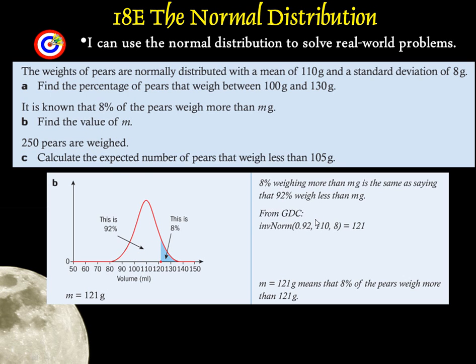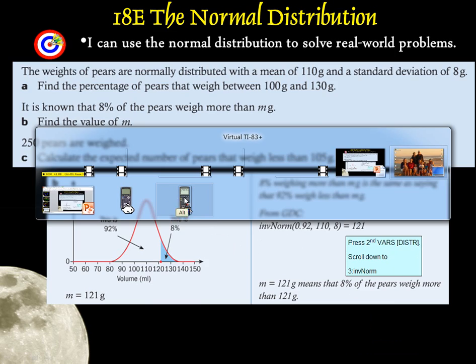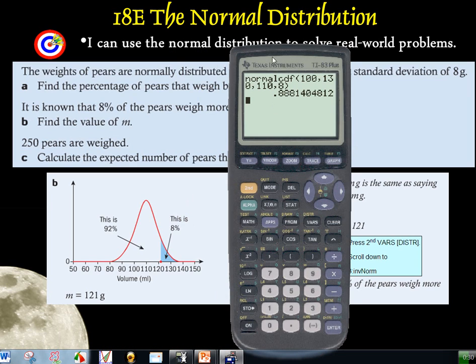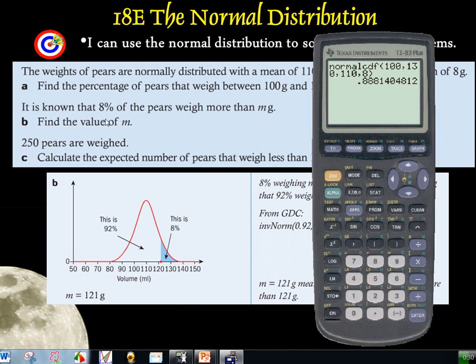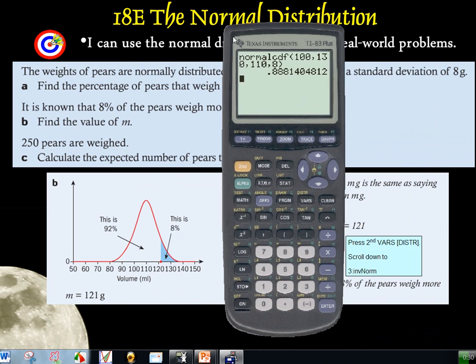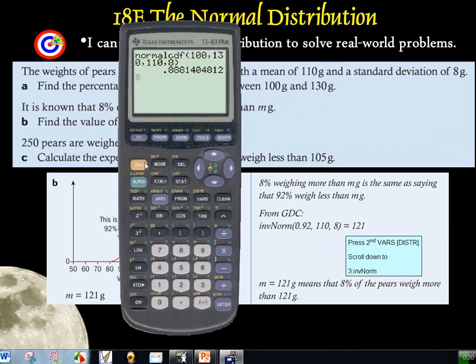We're going to do something similar, and we're going to use our graphing calculator to find this inverse norm. That is 2nd, Vars, and then you scroll down to the third, which is invNorm. Instead of putting a range in, you just put in this 92%, so we put in 0.92.